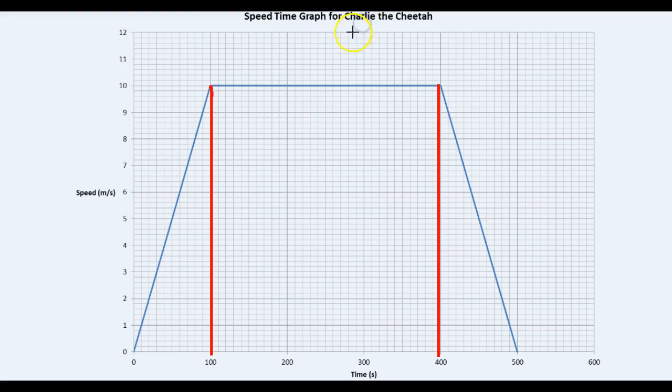Now this rectangle, if we look at the dimensions, it's got 10 meters per second along here, and he stayed at 10 meters per second for 300 seconds, and so the area of this rectangle is 10 times 300. And in this section, therefore, Charlie travelled 3,000 meters whilst he was running.